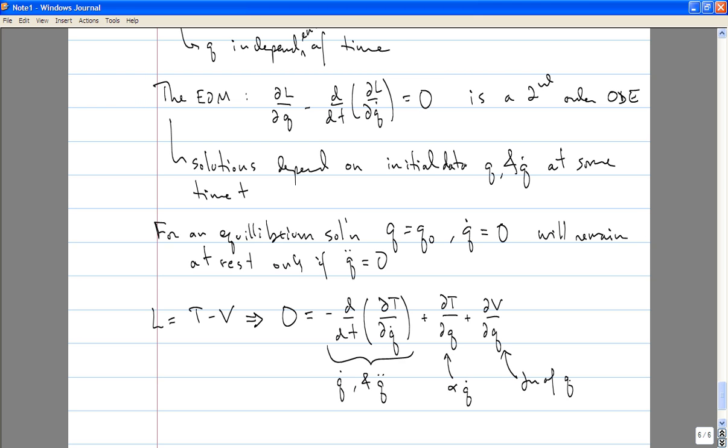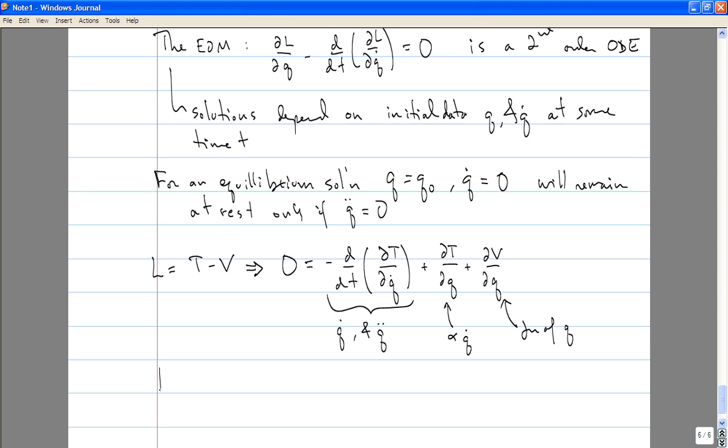So what we see is that in order for this to vanish at a point where q dot is equal to 0, we need to have the derivative of the potential at this point q naught equal to 0.